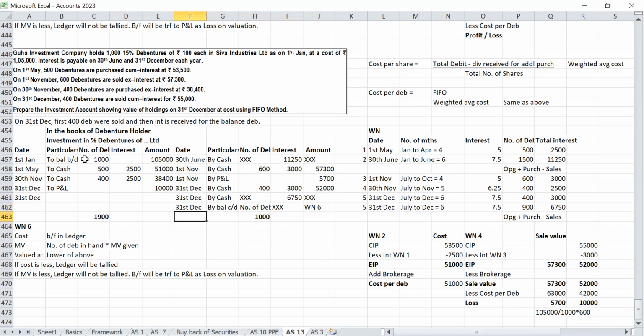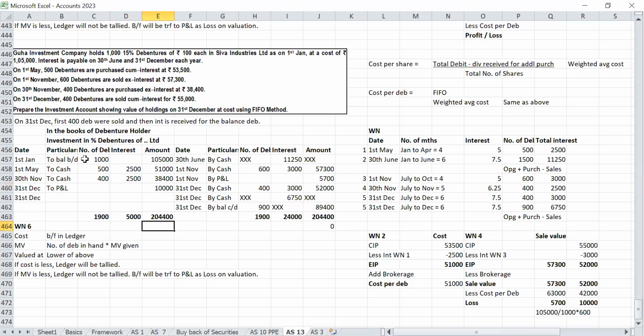Then on the closing date, by balance carried down, number of debentures 900, no interest. Closing market value is not given, so the cost is the balancing figure. The cost difference, 89,400, which will be the summation of these two.